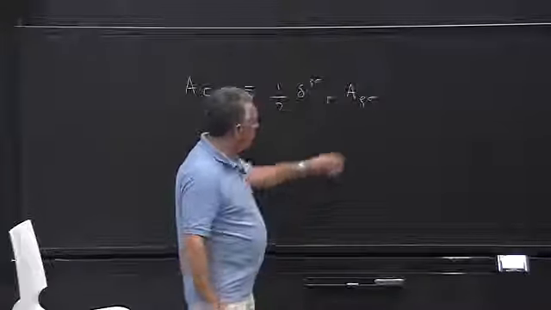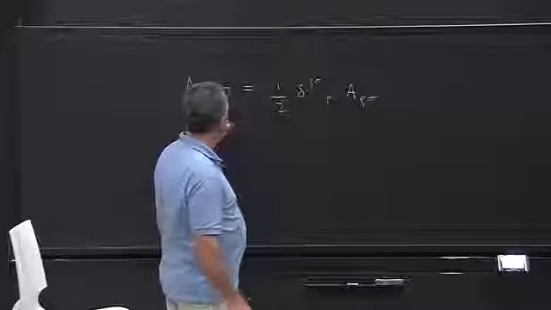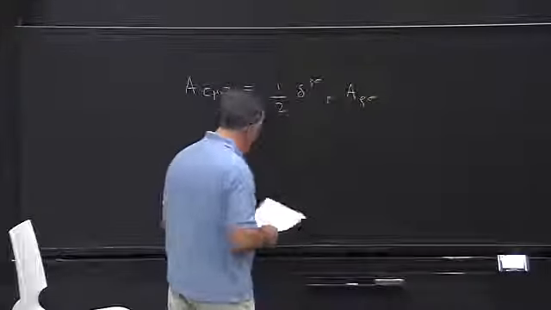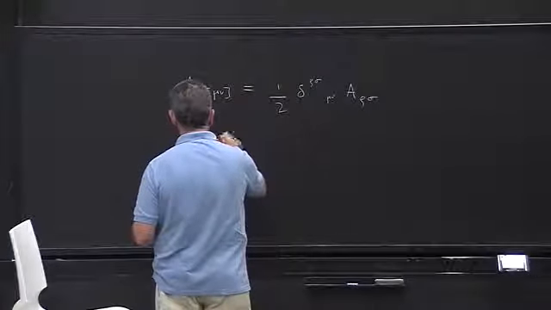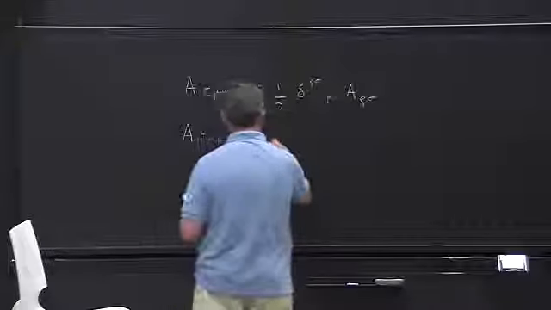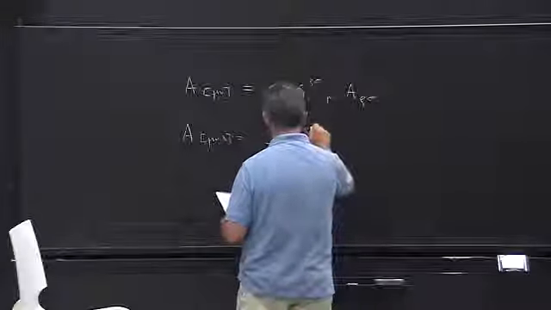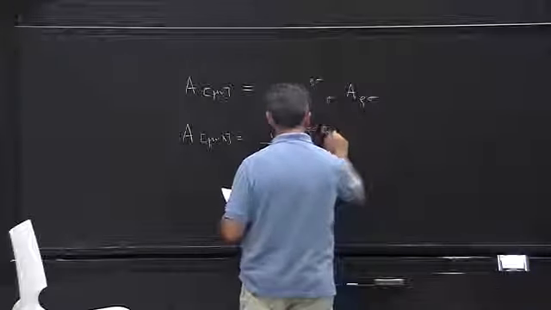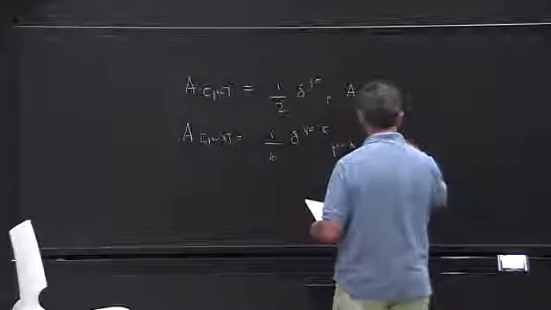If A rho sigma is neither symmetric nor antisymmetric, this will project out its antisymmetric part. And similarly, mu lambda 1 over 6 delta rho sigma tau mu lambda A rho sigma tau.